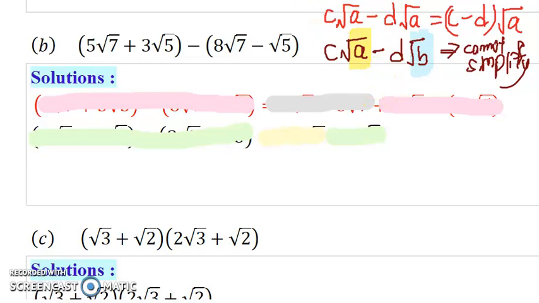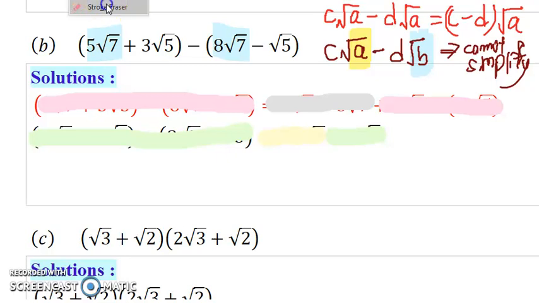Go on. In this case, we're going to do the similar thing, and let's see. We have the first bracket minus the second bracket. Is there any common term in the first and second bracket? Obviously you find that in the first bracket, I have the common surd square root of 7 with the second bracket, such that I have 5 square root of 7 and 8 square root of 7.